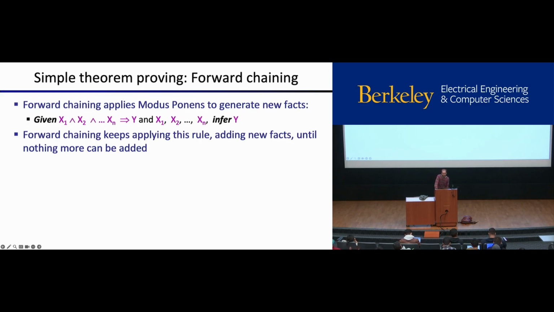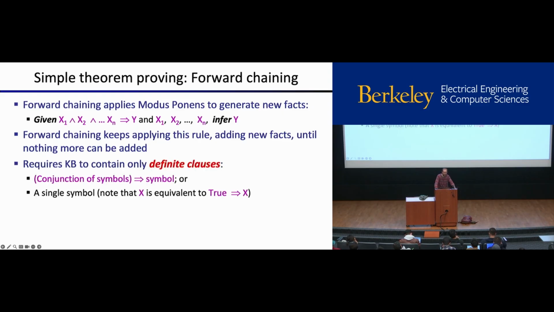So for the forward chaining algorithm to work, it requires the knowledge base to contain only definite clauses. Definite clauses are this kind of thing: a conjunction of symbols, conjunction meaning connected by ands. So x1 and x2 and x3 and so on implies symbol. That is so much more restricted than general sentences in propositional logic.